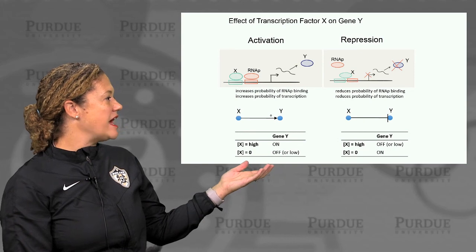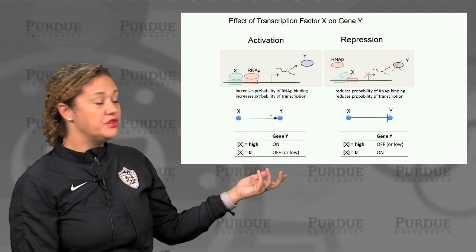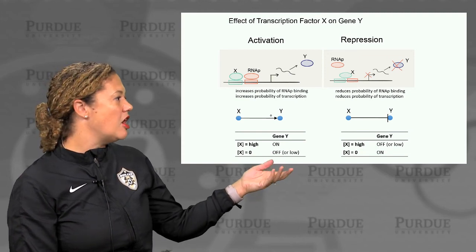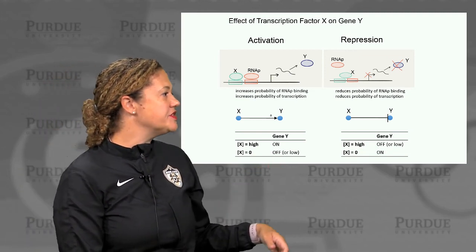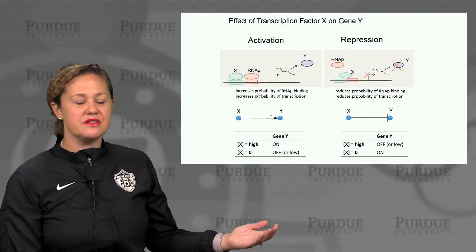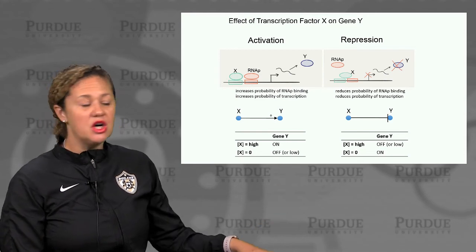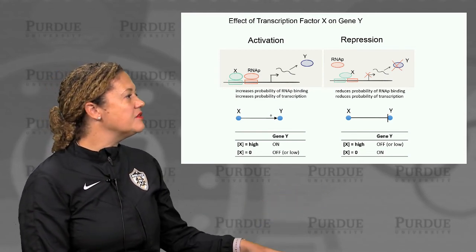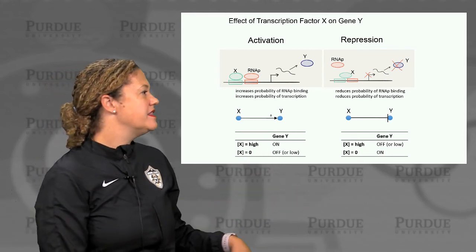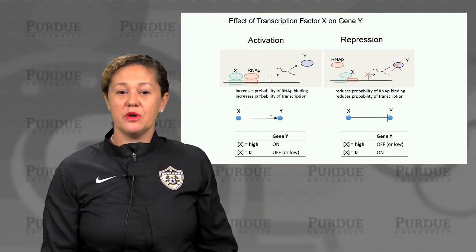If our activation is 0, then our gene Y expression levels would be off or low. And conversely, for X as a repressor, when the levels of X are high, then our gene expression for Y is off or low. And when X is 0, we have no repression, then our gene Y levels of expression are going to be on.